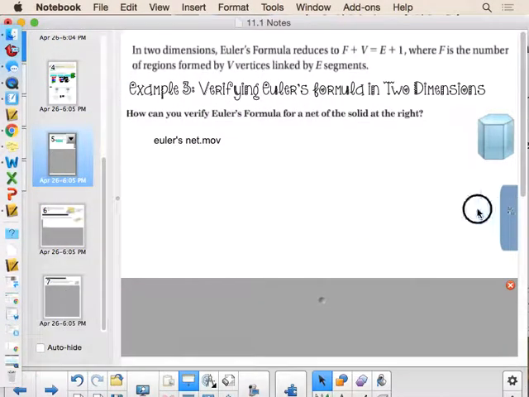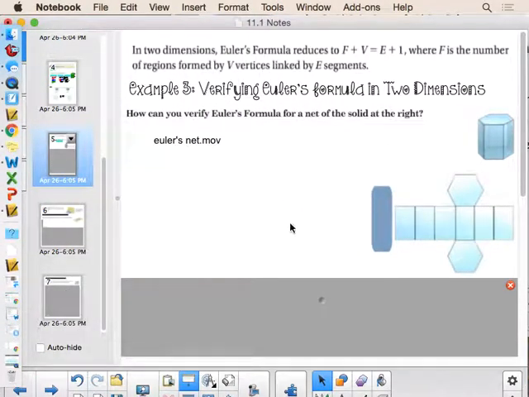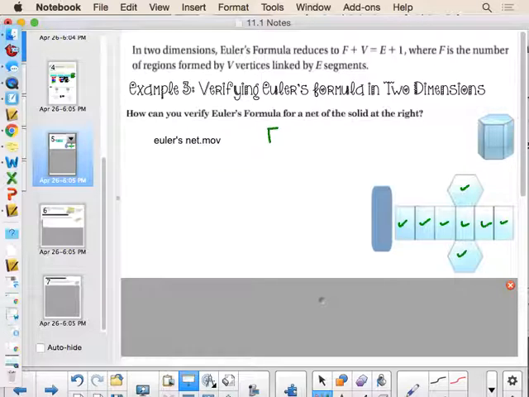So here is the net produced to help me figure out how many faces, how many vertices, and how many edges are produced. Well, the number of faces is now actually going to refer to the number of regions. And I'm counting 1, 2, 3, 4, 5, 6, 7, and 8. So we're going to have 8 for our value for F. We're going to count the number of vertices.